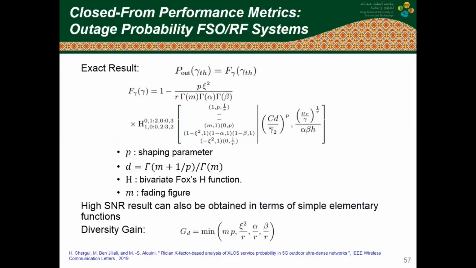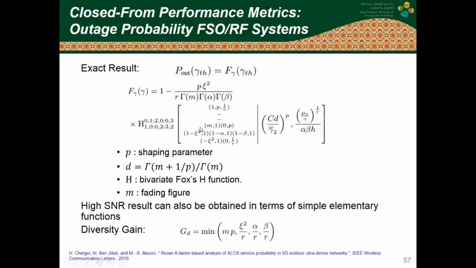Finally, we looked at the outage probability of the FSO RF system. They tend to be harder to analyze than RF FSO systems. Expressions are in terms of these bivariate H functions. This is an even more complex function. In the appendix of a paper we wrote a couple of years ago, we have a MATLAB way to implement these bivariate H functions.